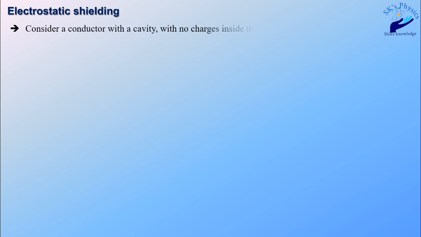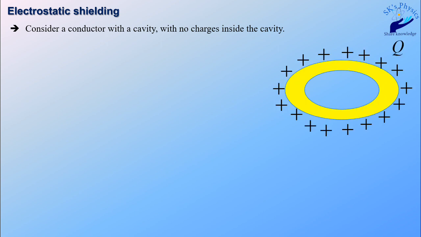Electrostatic shielding, here a theory. Consider a conductor with a cavity with no charge inside the cavity. The electric field inside the cavity is 0. So E is equal to 0 inside the cavity.